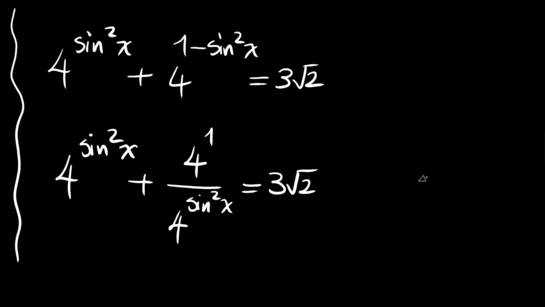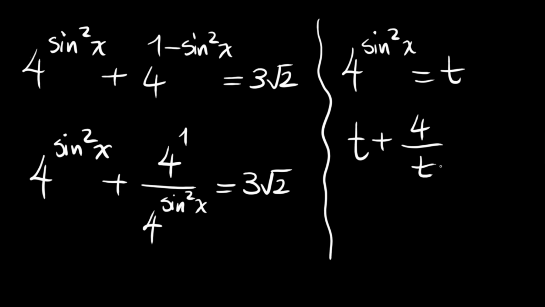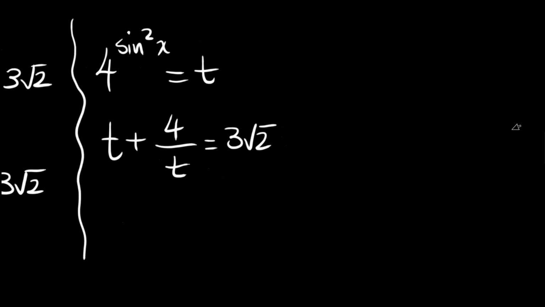Let me substitute a new variable. Let me call this 4 to the power of sine squared x is equal to t. Then we will have t plus 4 divided by t is equal to 3 times root 2. We'll try to solve this equation.